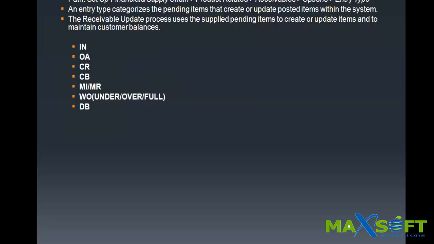Or credit memo, CR. For example, if you send goods to the customer as well as the invoice, and some goods were damaged, the customer calls the warehouse department and says some of the goods you shipped were damaged, so I don't want to pay 100% of the amount for these goods, I will pay only 80%, 20% is damaged goods.